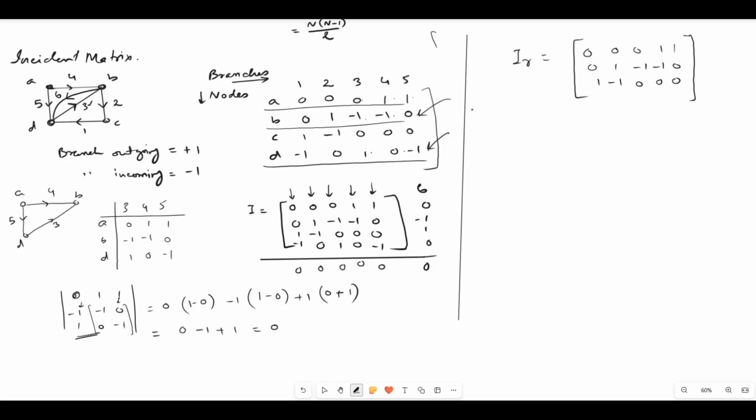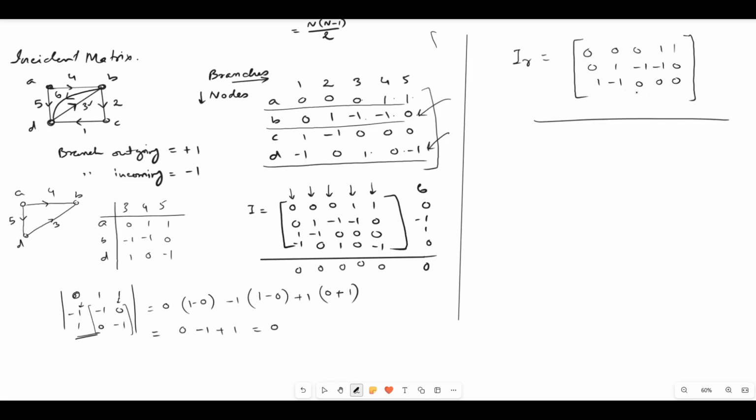If we have a numerical which contains the information of the reduced incidence matrix, and we want to determine the incidence matrix, then we can use property 1. The property 1 states that the addition of the branches, the value of the branches is 0.